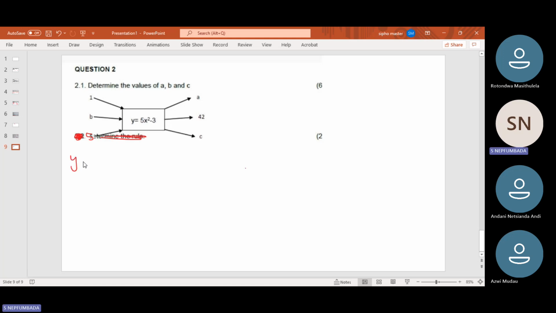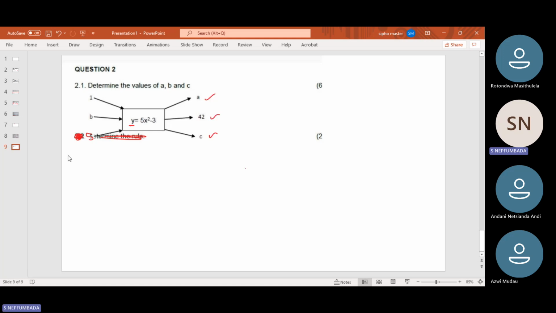Y is equals to 5 into 1 to the power 2 minus 3. Y is the output and we have input and output.